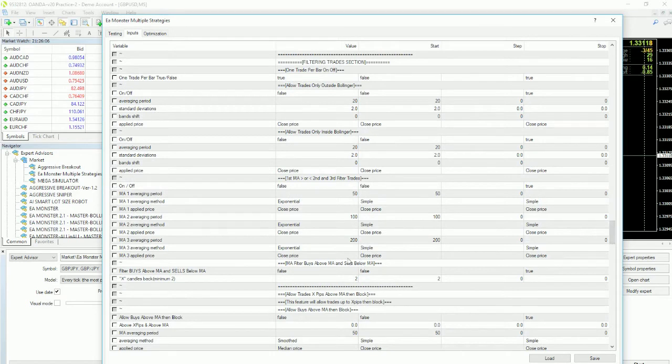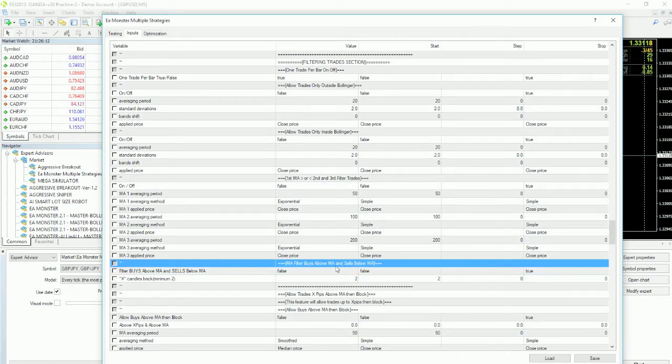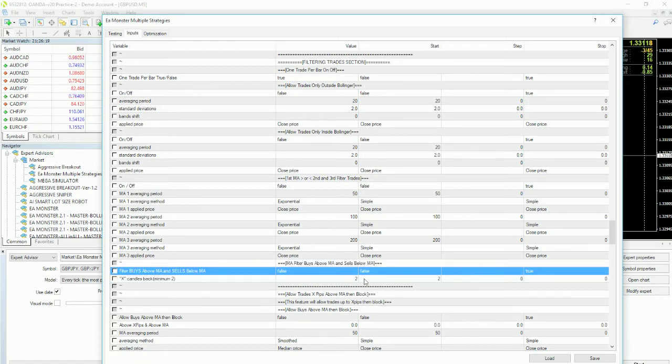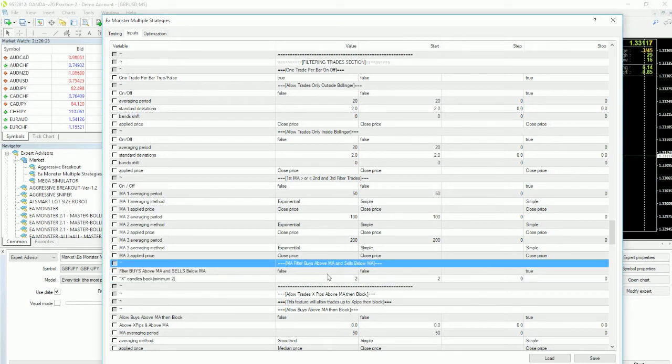Right here it is: MA filter, buys above MA and sells below MA, okay? If you put that on, you put this X candles back, and this will work with the period that we have up there. It's a little confusing because this setting is not together. It's because earlier I added that feature and it was for two different things. But private message me if you don't understand this.